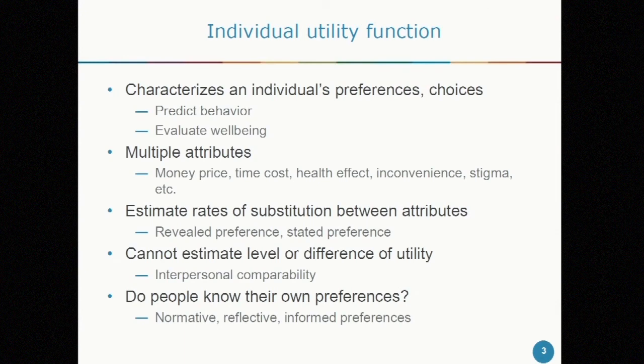There's a whole giant field devoted to estimating these things empirically, either through revealed preference methods, where we look at people's behavior in the real world, assume they prefer the things they choose over the things they could have had instead, and from that infer something about the shape of the utility function, or stated preferences, which are essentially surveys where we present people with hypothetical choices and ask, if this was a choice you had to make, what would you do?